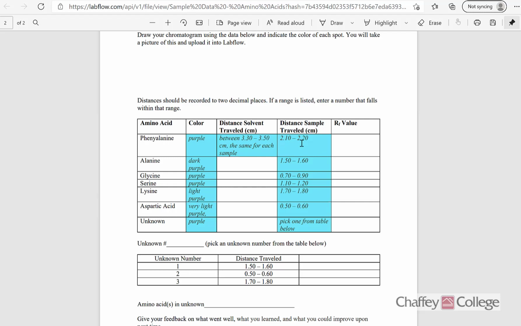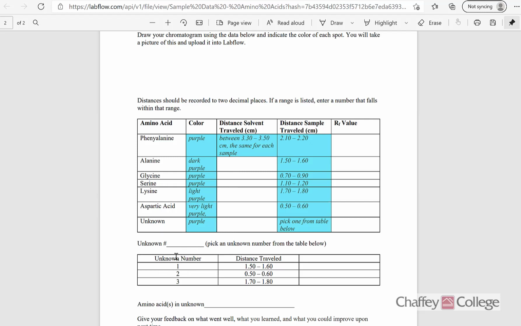So you have to create that picture in which the spots traveled the distance given here, and then that diagram or picture, whatever you're going to create, has to be uploaded in the lab report.